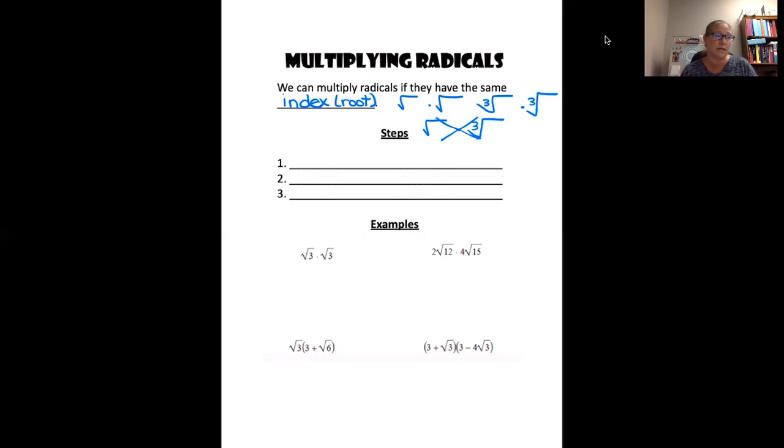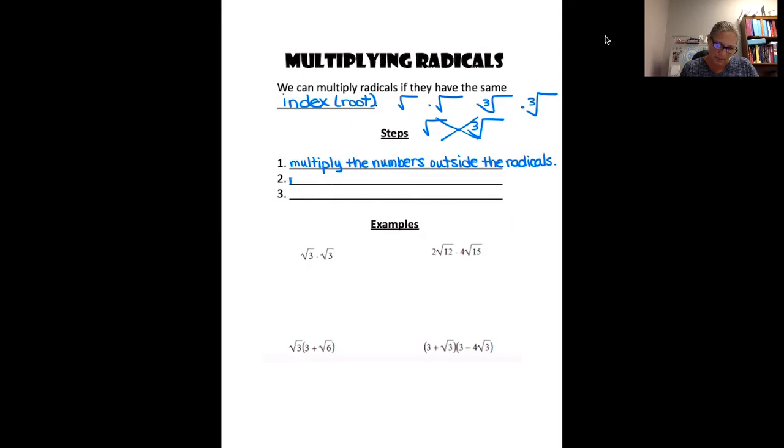Here are the steps that you will follow when you multiply radicals. Multiply the numbers outside the radicals. Those are your scalars or your coefficients.